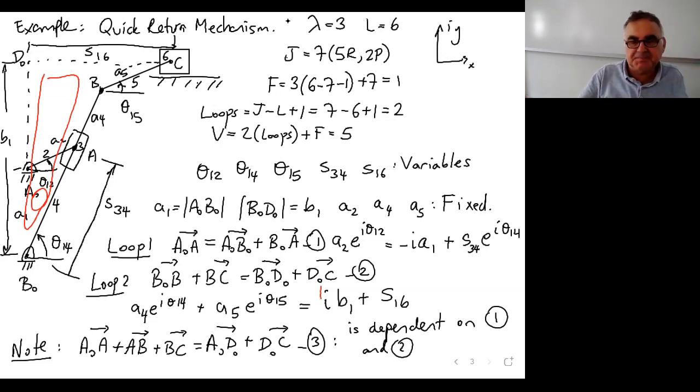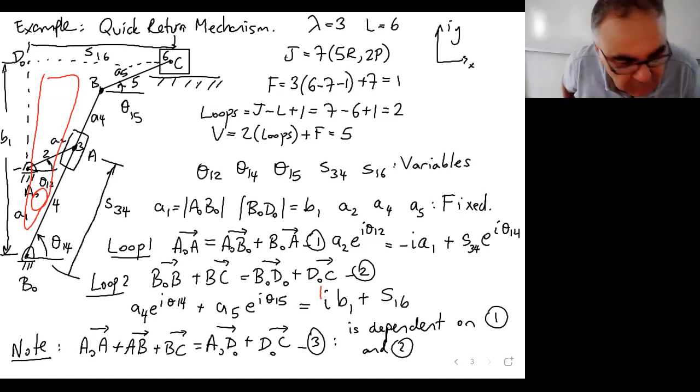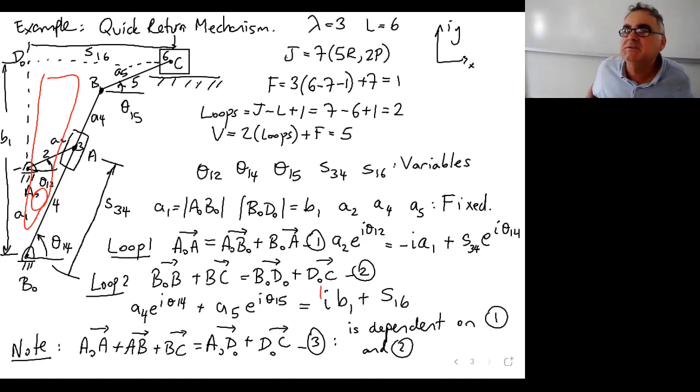Well, before we formulate the loop equations, I think we have done enough for that. From this point on, I will try to solve these equations. How do we solve these equations in order to obtain our unknowns, that is the dependent variables?